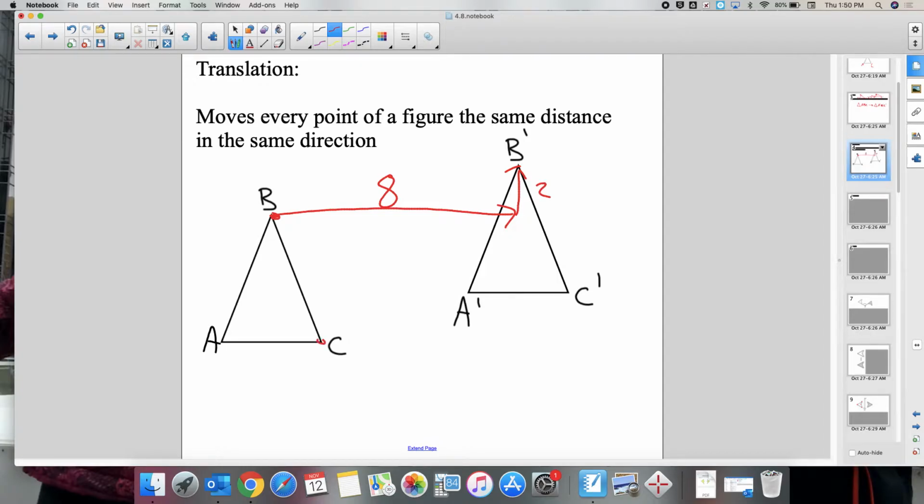Then we have to move C right 8 and up 2. And then we have to take A right 8 and up 2. Right? That's what a translation does. It moves every point of the figure the same distance in the same direction.